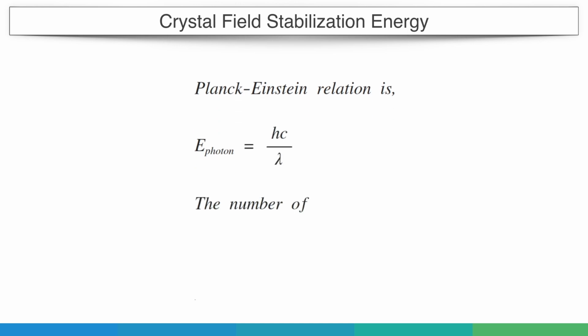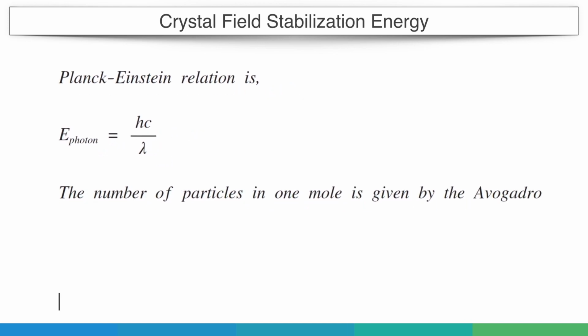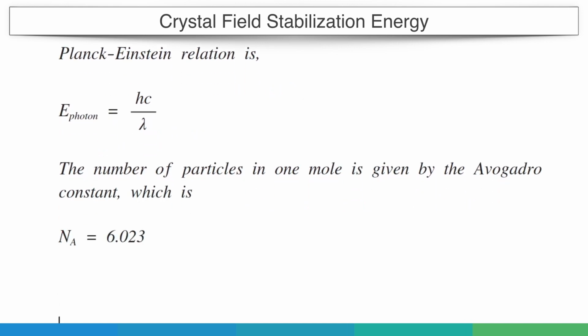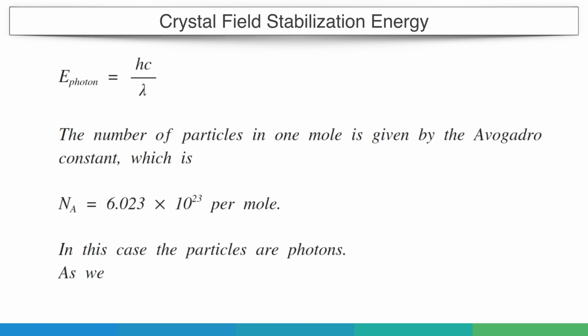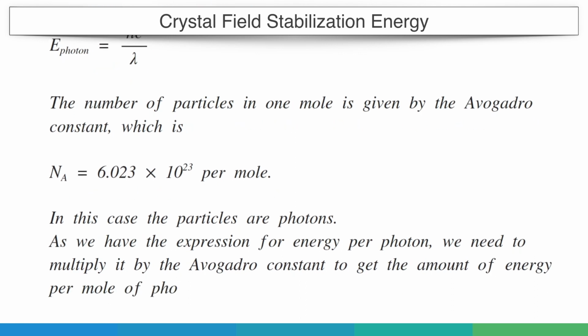The number of particles in 1 mole is given by Avogadro's constant, which is NA equals 6.023 into 10 to the power 23 per mole. In this case, the particles are photons. As we have the expression for energy per photon, we need to multiply it by Avogadro's constant to get the amount of energy per mole of photons.